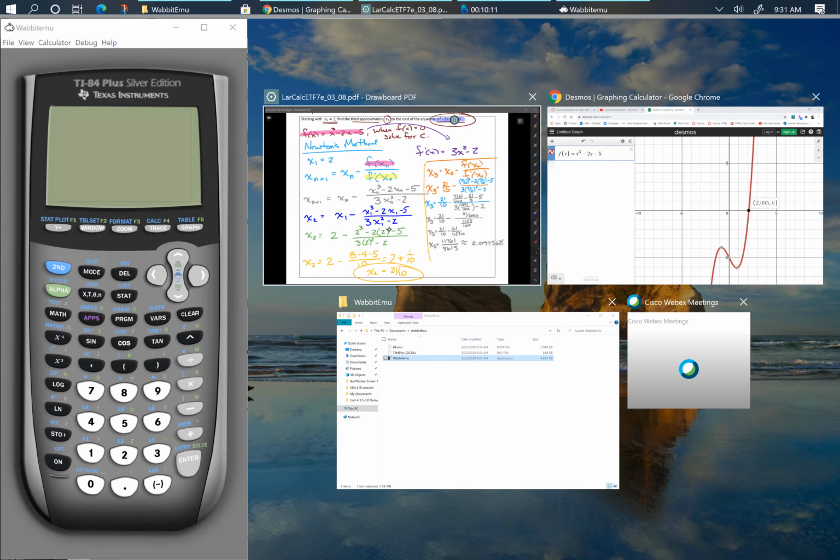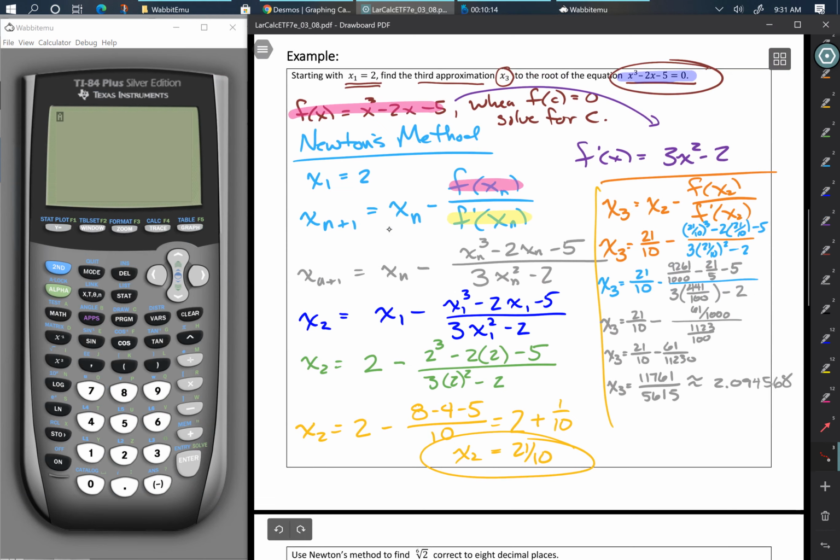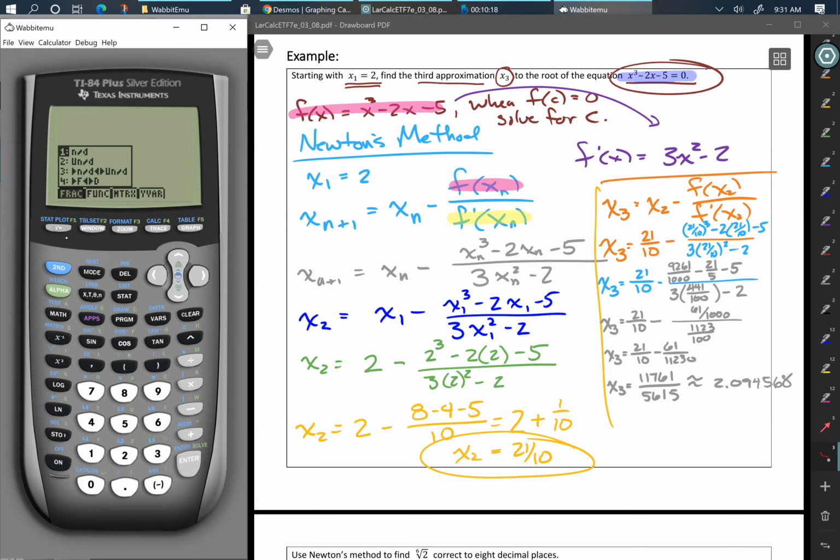So let's take a look at doing this exact same problem on my calculator. So first things first, I'm going to go to my y editor, and in y1 I'm going to put in the original function. So that was x cubed minus 2x minus 5.